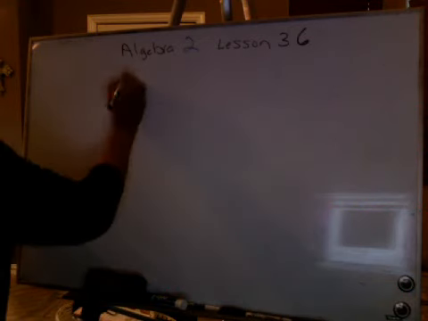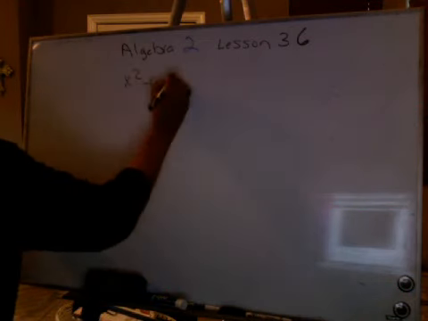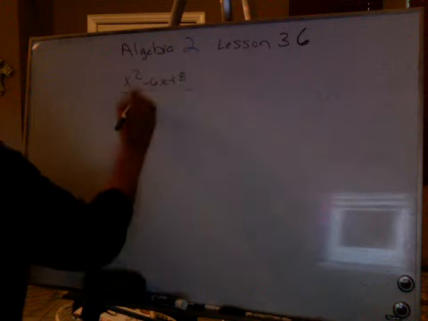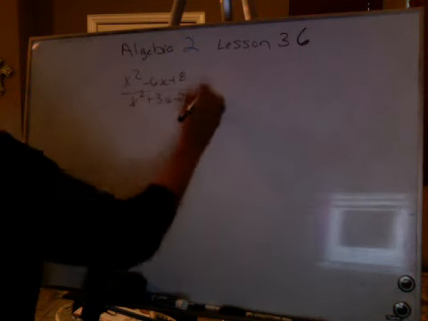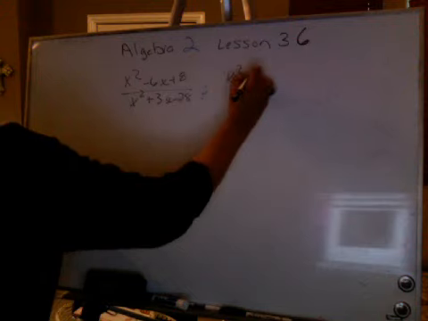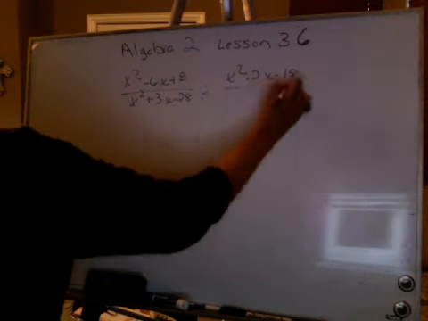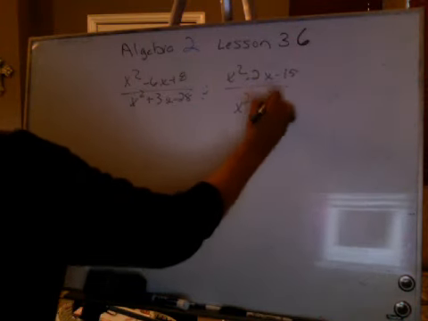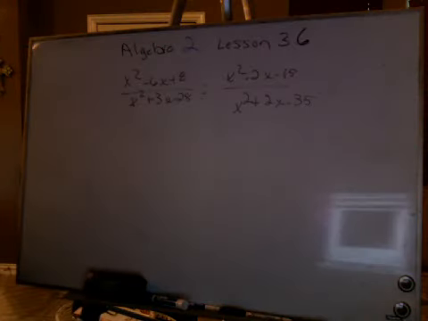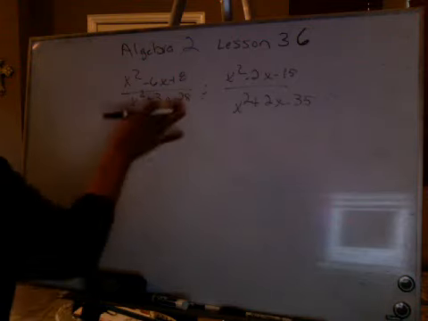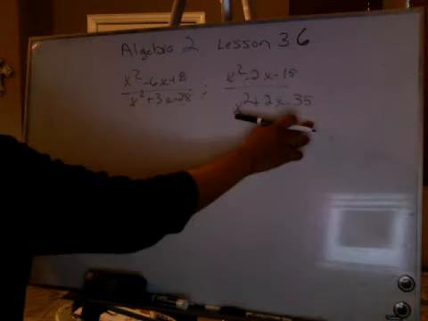You have x squared minus 6x plus 8 over x squared plus 3x minus 28, divided by x squared minus 2x minus 15 all over x squared plus 2x minus 35. Okay, it means divide. How do you divide? You're going to keep, change, flip.